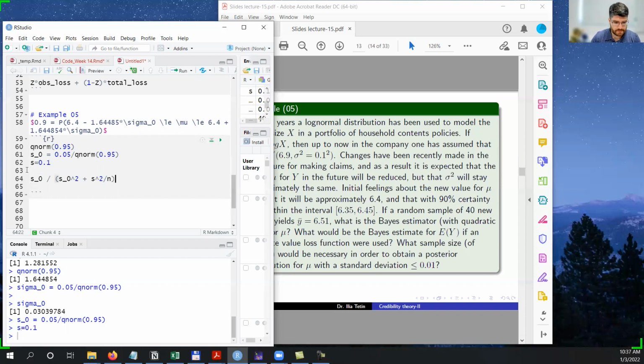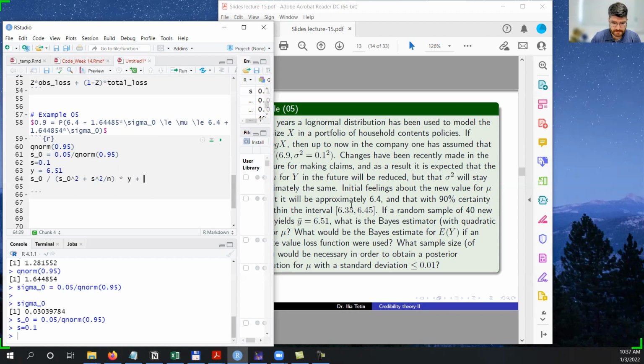This is the first part of the formula, times y bar, which is 6.51.